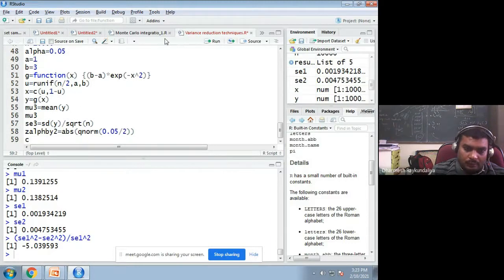And then I can calculate the confidence interval for 3, that is mu of 3 minus Z alpha by 2 into standard error of 3, comma, mu 3 plus Z alpha by 2 into standard error of 3.